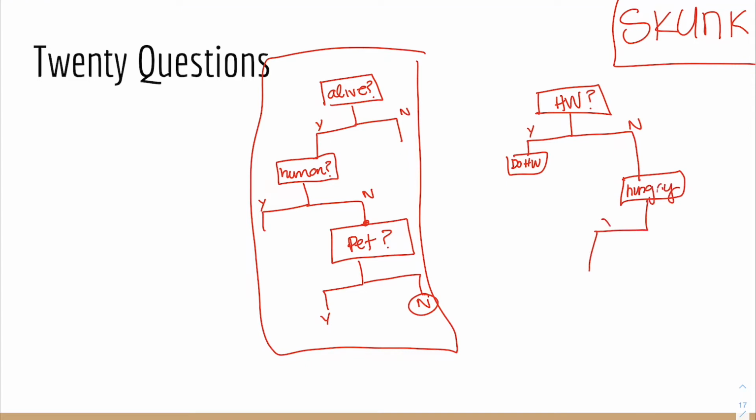If I am hungry, then my decision might be to eat. If I am not hungry, then my decision might be to read a book. So you can see that we use these types of decision tree structures in our everyday life. Now, we're going to build one with math.